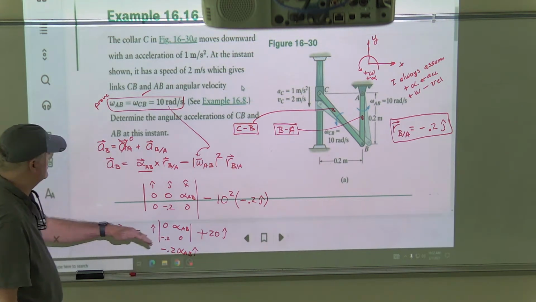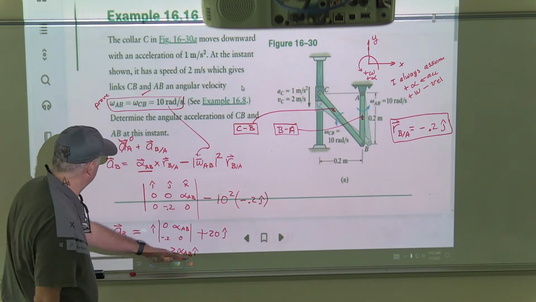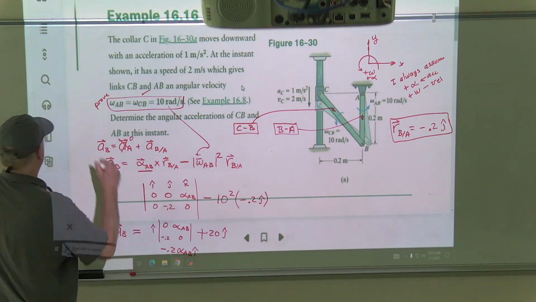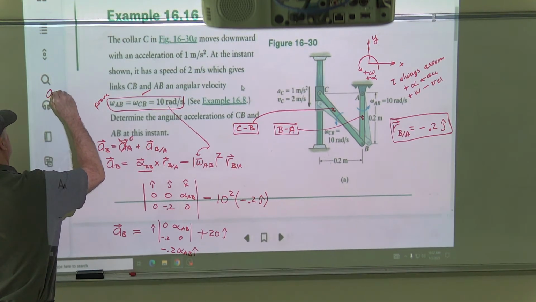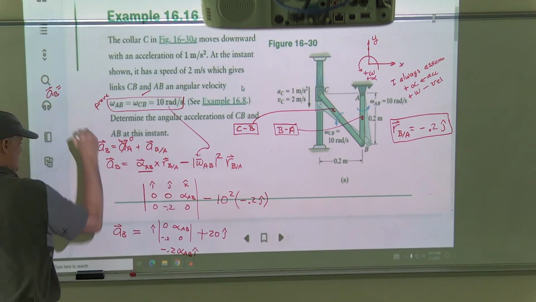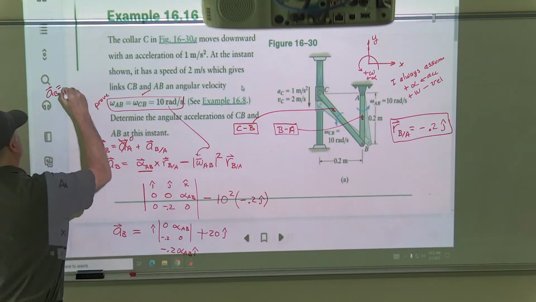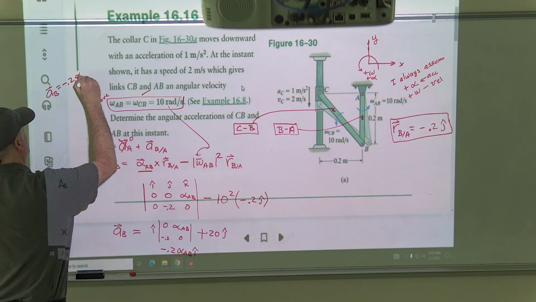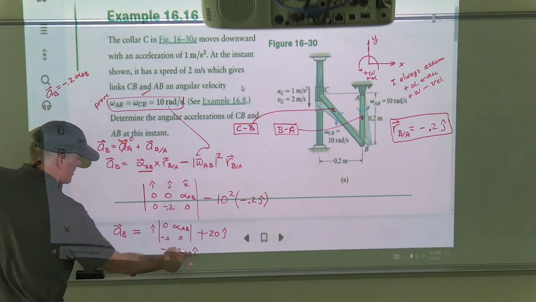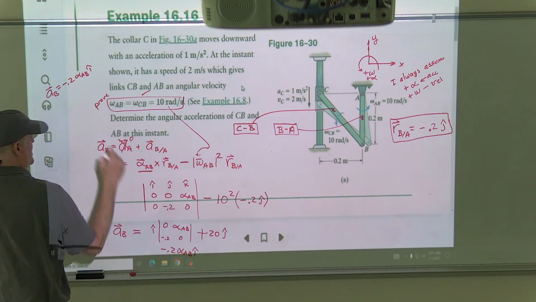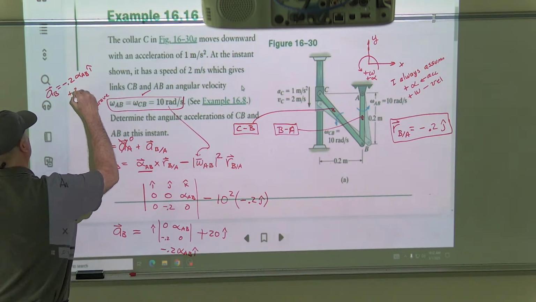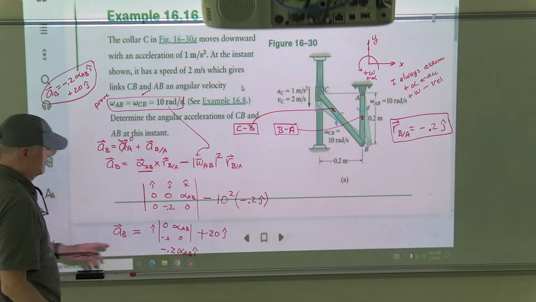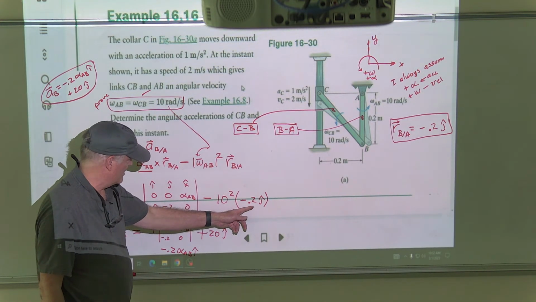And so what I'm going to do is take this equation and stick it right here. Acceleration of B is equal to minus 0.2 alpha AB times I, and then plus 20j, unless I calculated that wrong. I think 100 times 0.2 gives me back 20, I think.